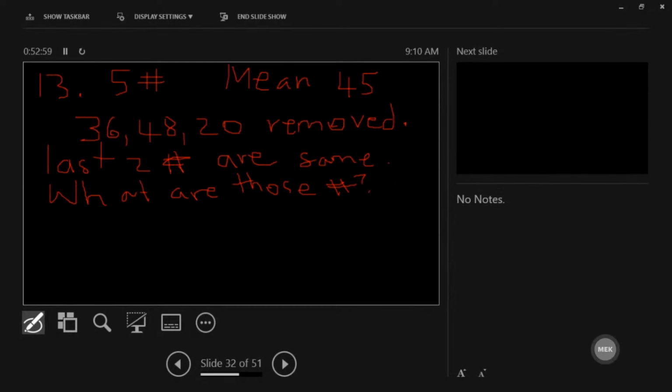The mean is 45. We're removing 36, 48, and 20. And the 2 numbers that remain, they are the same thing. So what number is it?